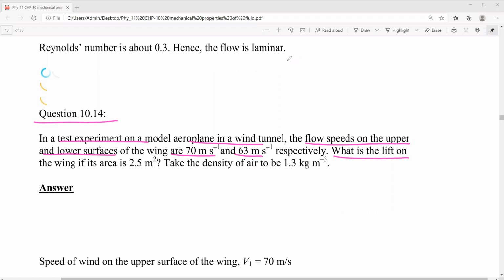What is the lift on the wing if its area is 2.5 meters square, taking the density of air to be 1.5 kg per meter cube? So what is the lift on the wing? How to solve this one?